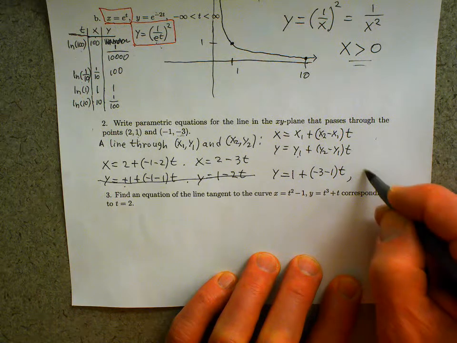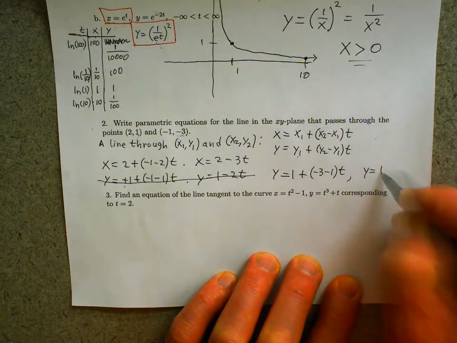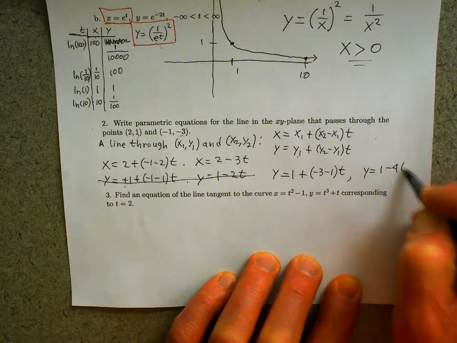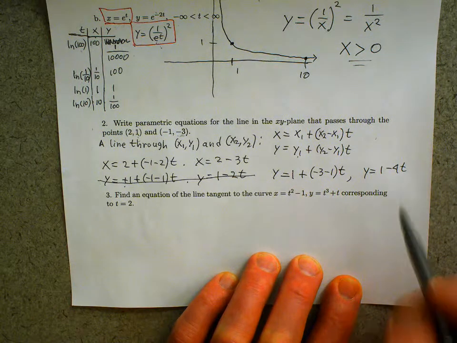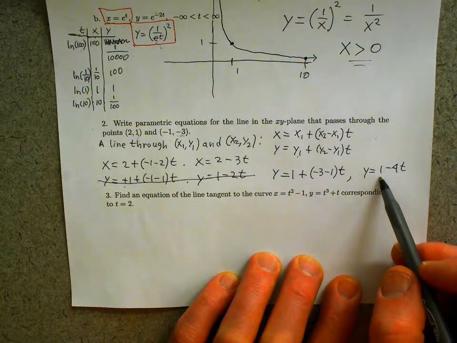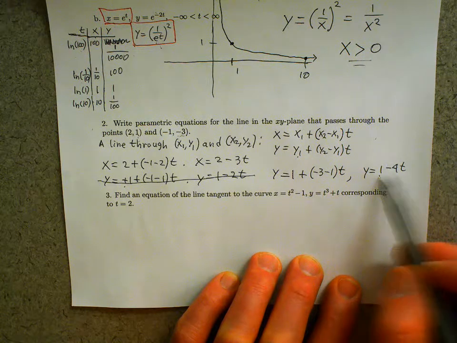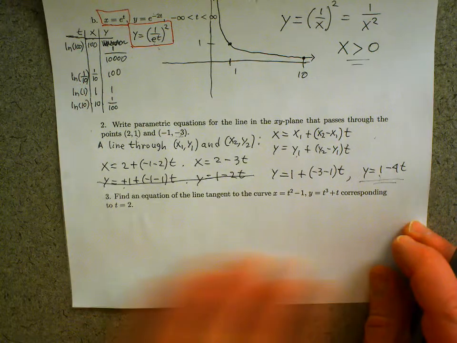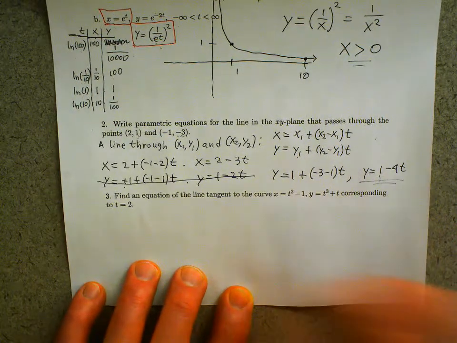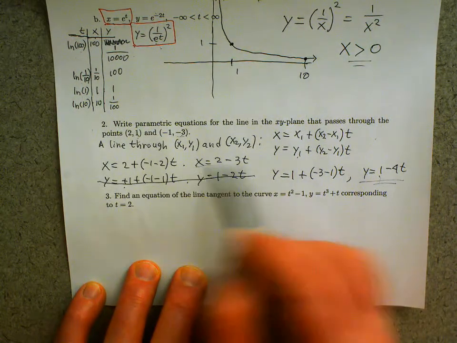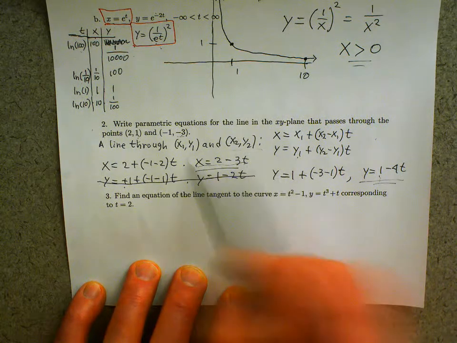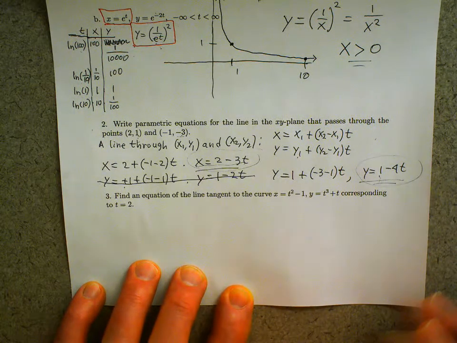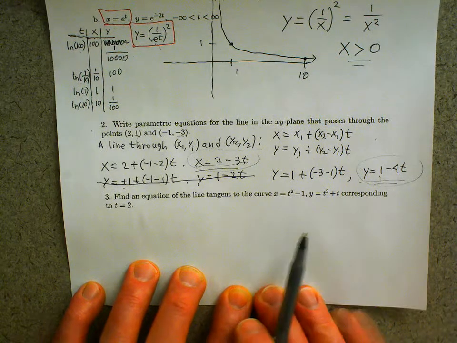Simplify that, we get y equals 1 minus 4t. Okay, I think that works. So for all values of t between negative infinity and positive infinity, that will parameterize the line that passes through those 2 points.